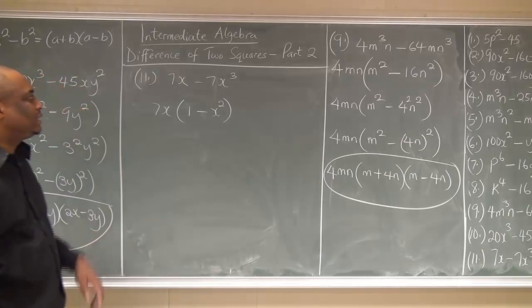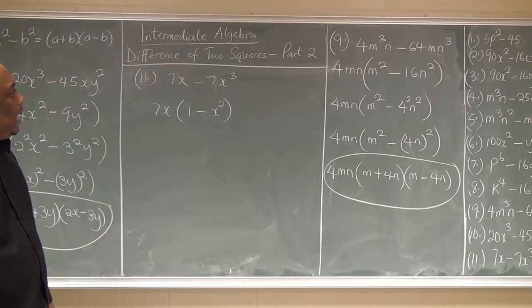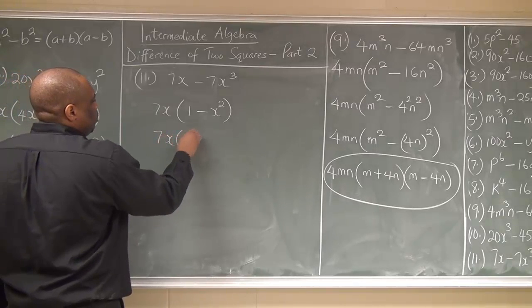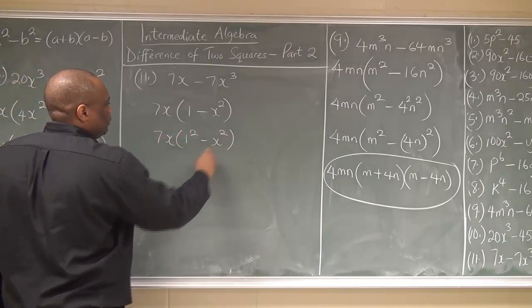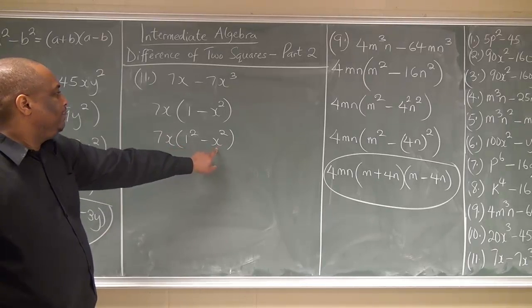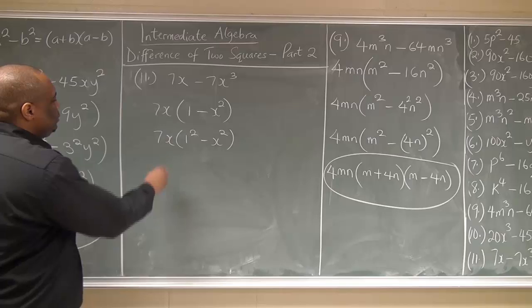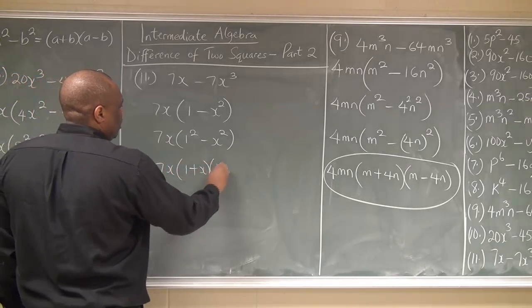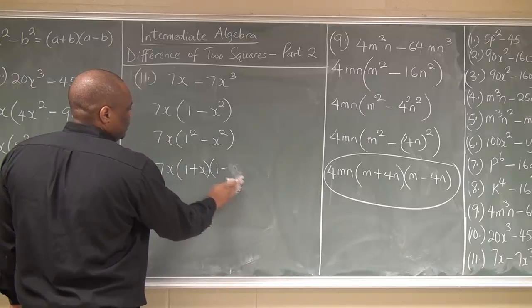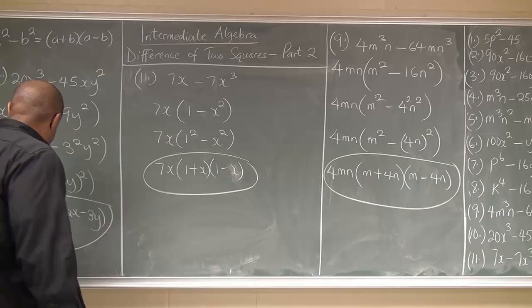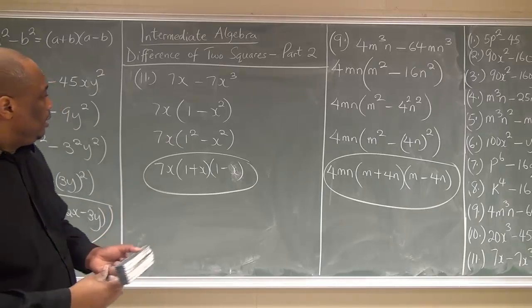And of course, this will now be 7x times 1 squared minus x squared. Here, your a is 1 and your b is x. So this will be 7x times 1 plus x times 1 minus x.